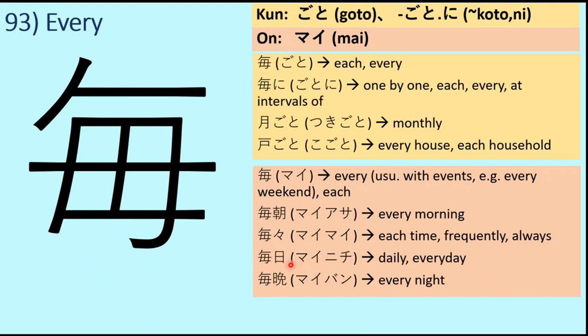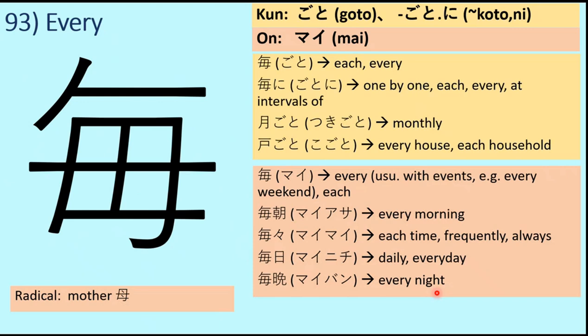And then we have 毎晩 as well. 毎晩 means every night. So every night I read a book. You can say 毎晩私は小説を読みます. Shosetsu is novel, or hon you can say. Hon o yomimasu. Yomimasu is the verb for reading.